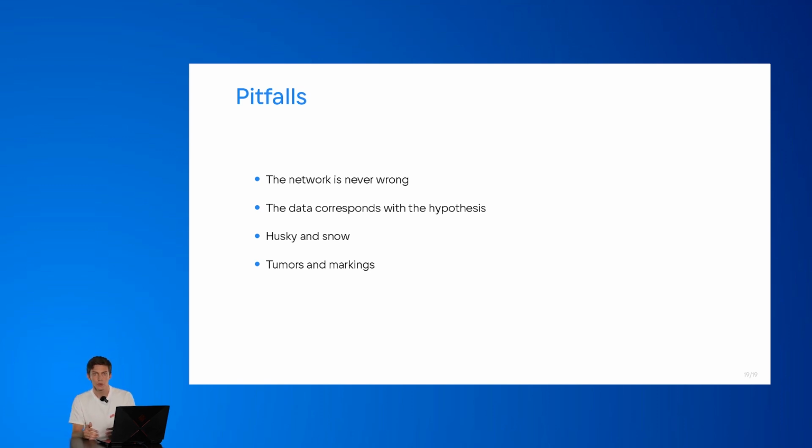Let's imagine you are trying to train a dog classifier, and when there is snow in the picture, your model predicts every dog as Husky. The cause of this problem is that a lot of pictures with husky contain snow, so it is easier for the model to extract patterns of the snow rather than patterns of a husky.